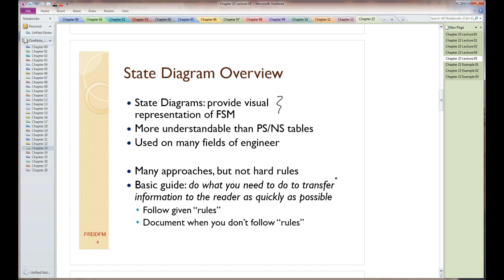The biggest, most important thing here is you're trying to transfer information as quickly as possible, and you should use that as your guide. There are rules we are going to follow, but these rules are somewhat flexible in that if you can think of a better way to represent the state machine, you do it and you put a note there. You just make it clear to the reader. So that's the idea. If you go outside of the rules, document it.